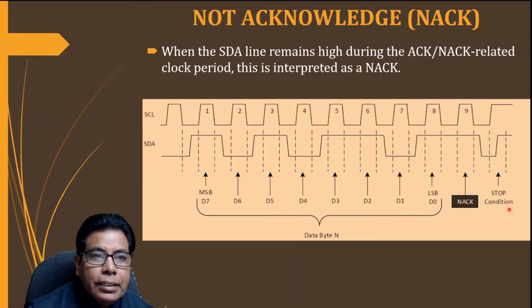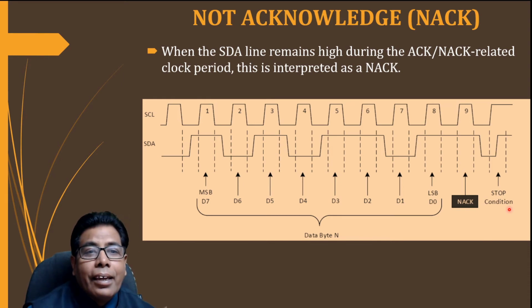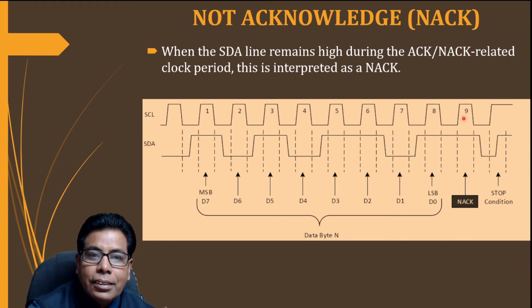Let us see the not acknowledgement. When the SDA line remains high during the ACK NACK clock period, that is during this 9th period, now here you see the SDA line is high, so it is the NACK.